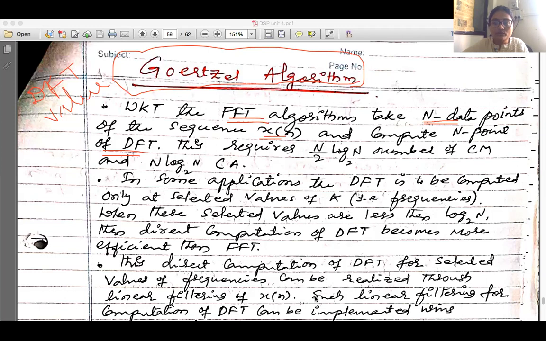The purpose of using the Goertzel algorithm is to find the DFT values only.